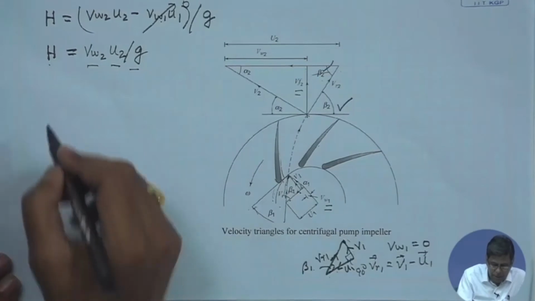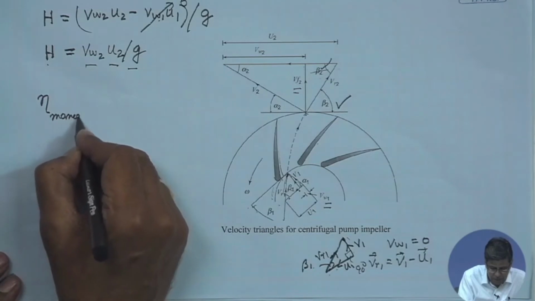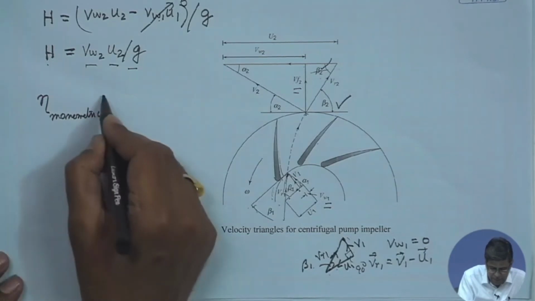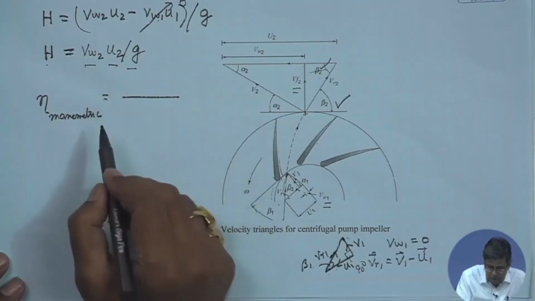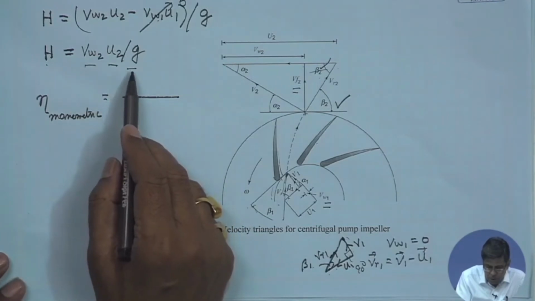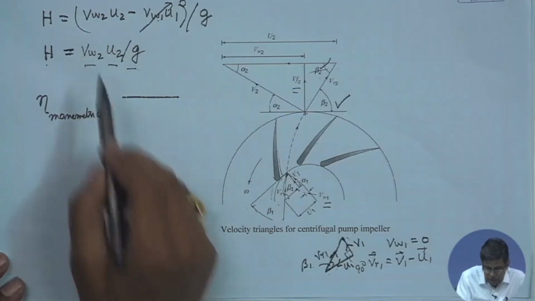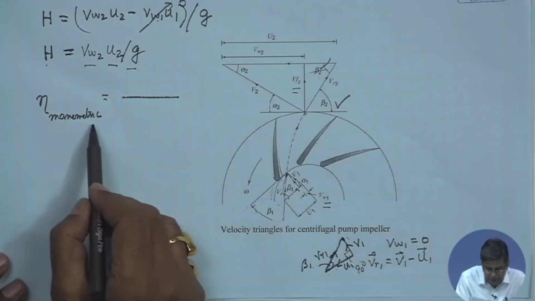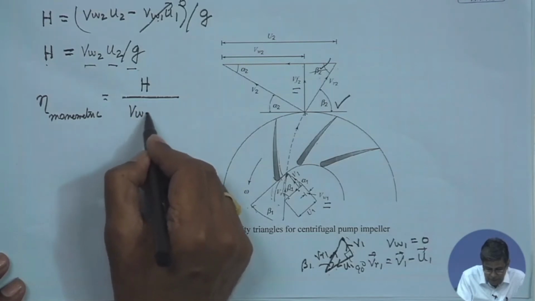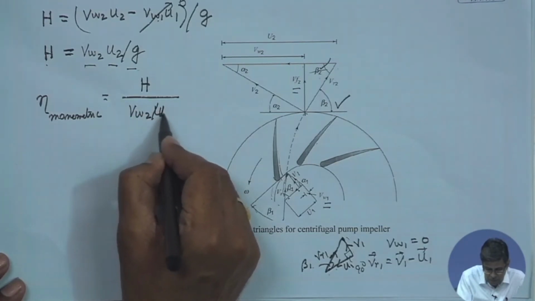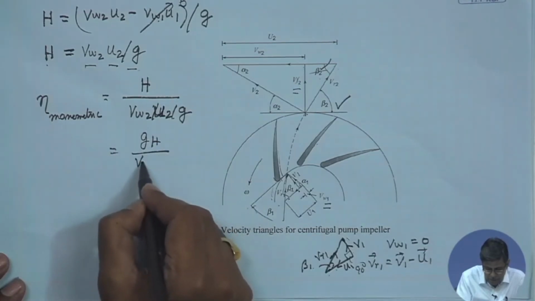Now, here manometric efficiency is defined. This is a terminology, manometric, and it is defined as the head developed by the fluid to the head or energy per unit weight given to the fluid, that is, divided by VW2 U2 by g, that means gH by VW2 U2.